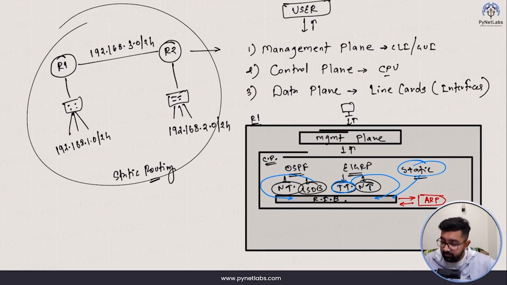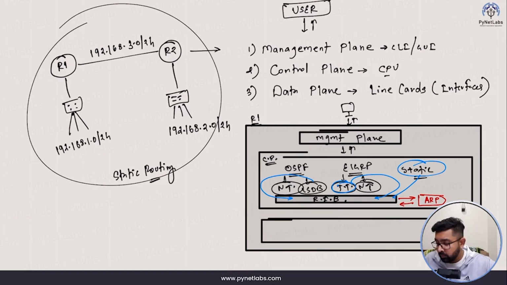And then there is another element, which is the data plane, which maintains something called the forwarding information base. So all the interfaces of the device, let's say over here, for example, this is G0/0, this is G0/1, this is G0/2, G0/3, and G0/4.